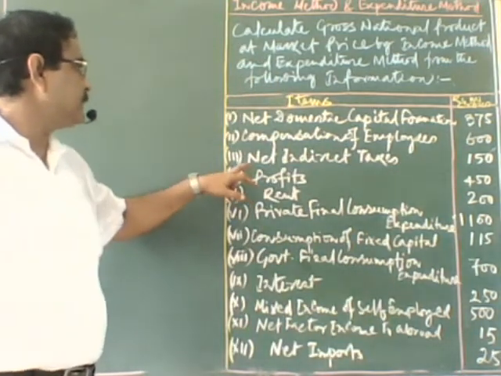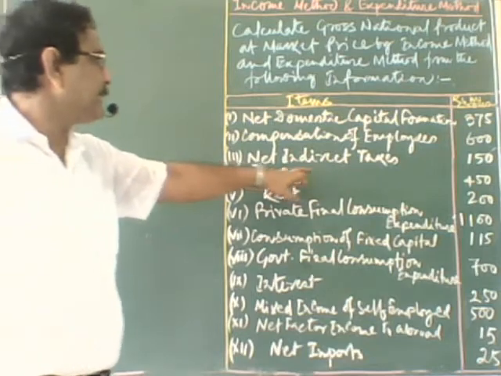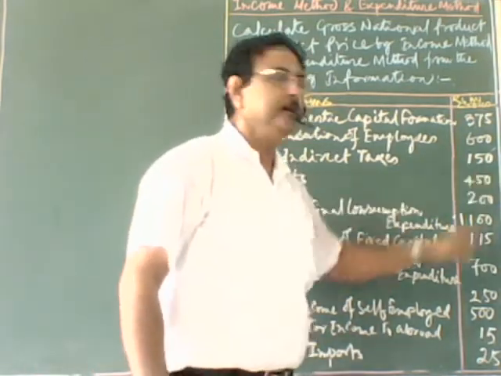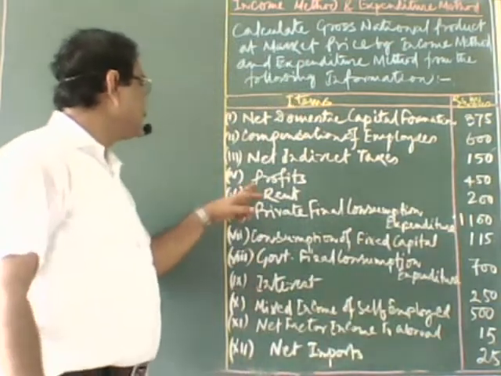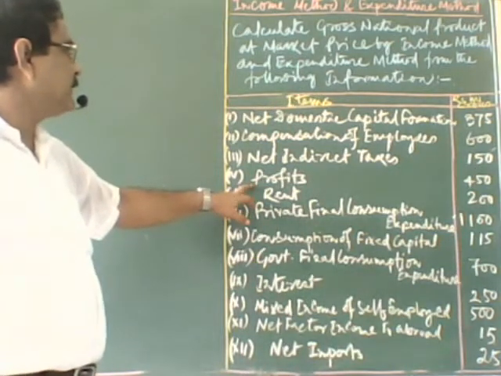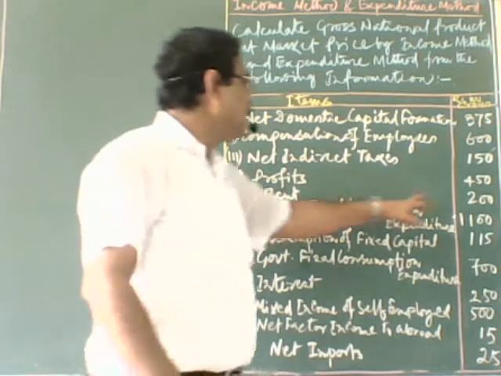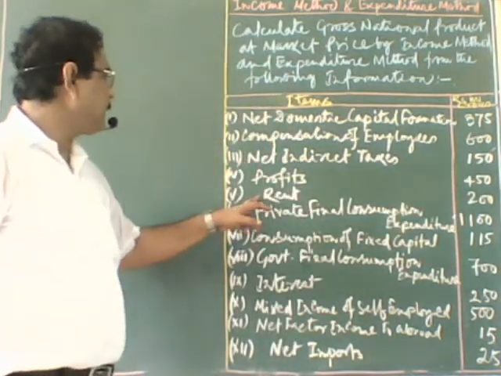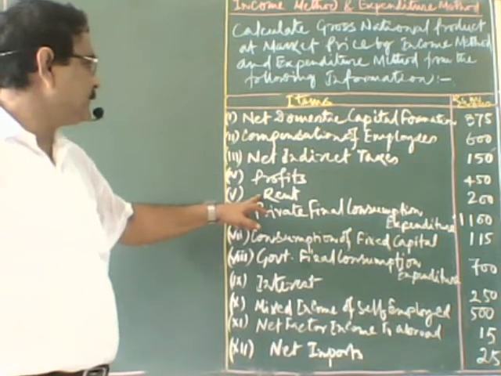Number three, net indirect taxes, that value is 150. Number four, profit, that value is 450. Number five, rent, that value is 200.